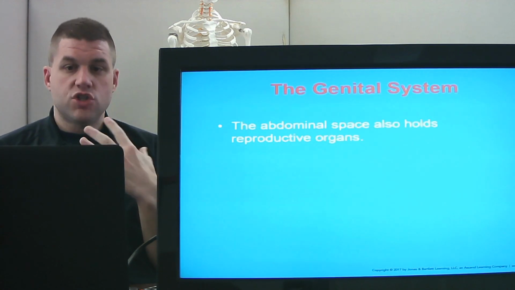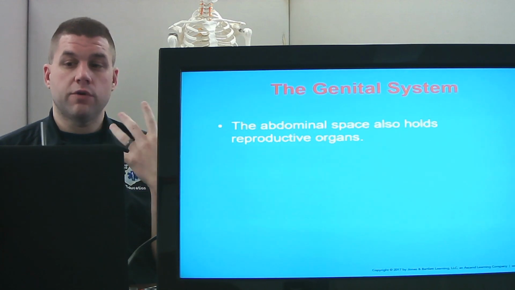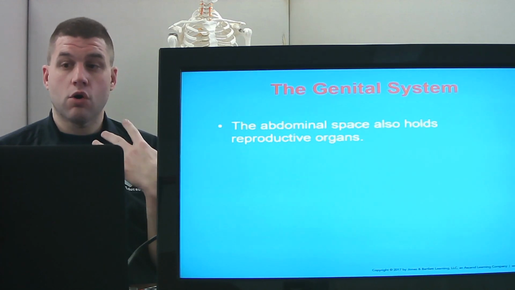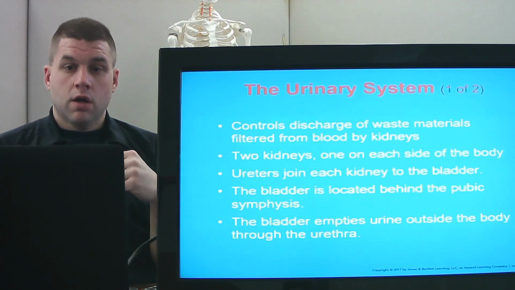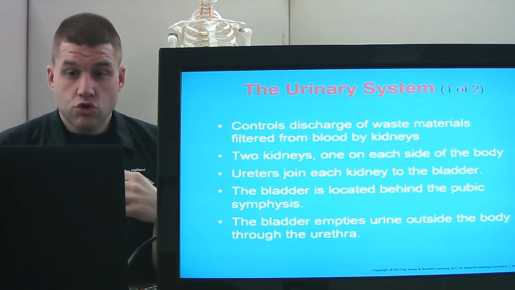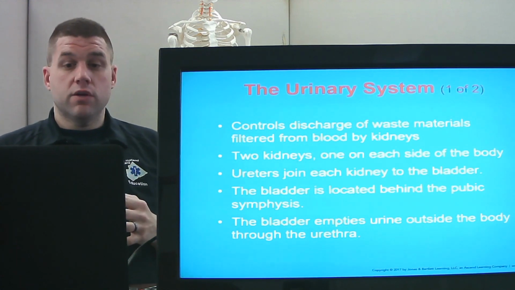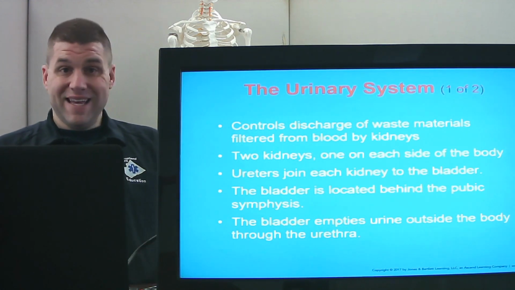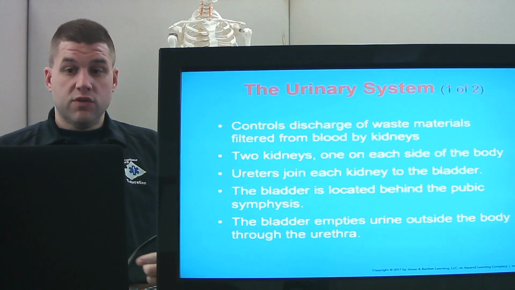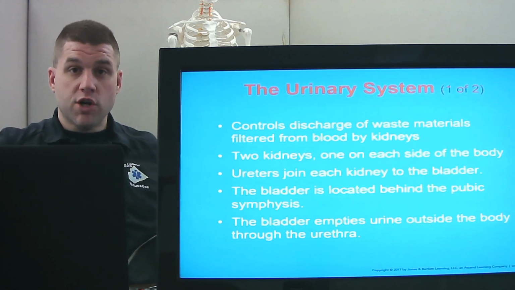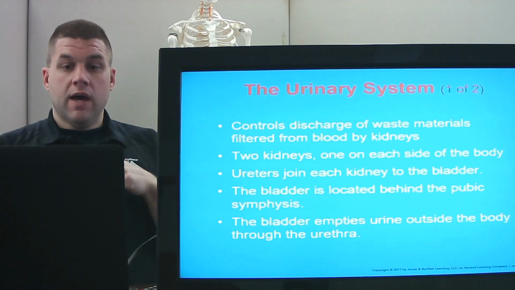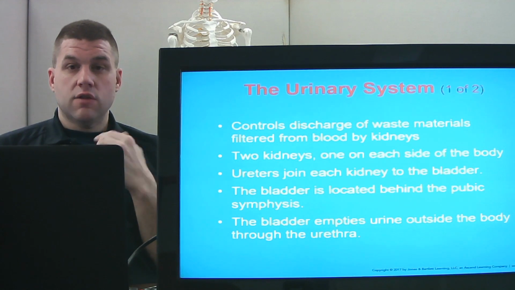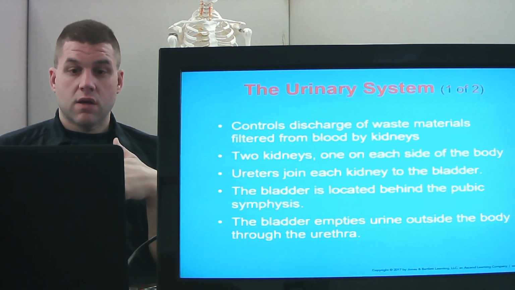Talking about the genital system, the abdominal space also holds our reproductive organs. We'll talk about that more later on. The urinary system controls the discharge of waste materials that are filtered from our kidneys. Two kidneys, one on each side of the body. They are retroperitoneal organs. The ureters join the kidneys to the bladder, and the bladder is located behind the pubic symphysis.